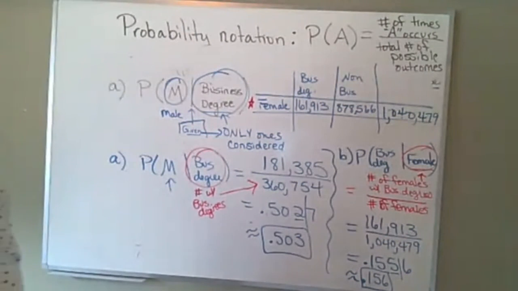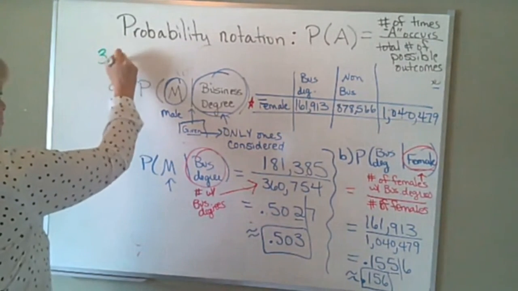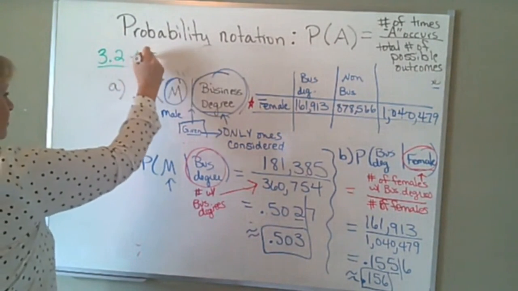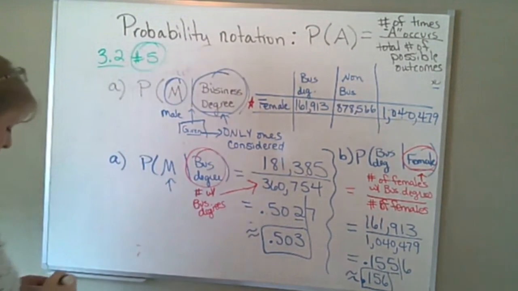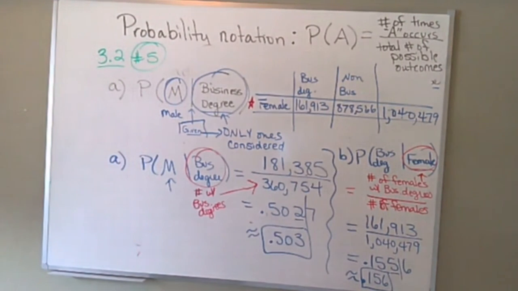So during the break, guys, I'd like for you to go, if you're not already in my stat lab, go to my stat lab and do this problem. This is 3.2, number 5. There are other ones that I'd like for you to try during the break. I wouldn't do number 4 because I haven't talked about that yet.